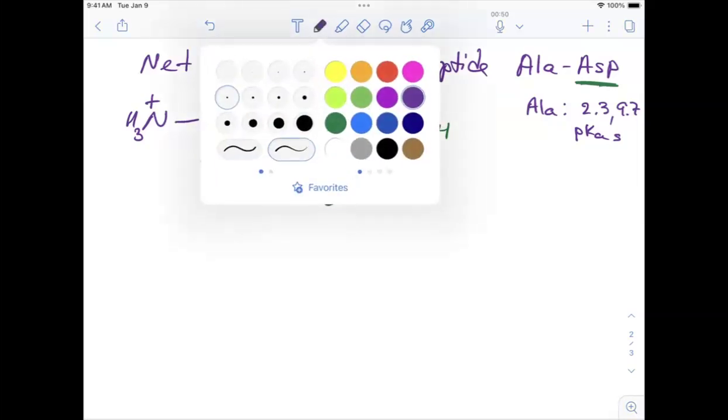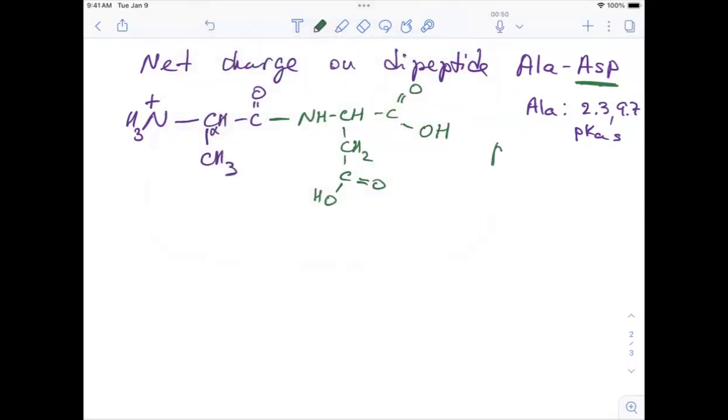Aspartic acid, let's stick with the color scheme. Aspartic acid by itself is going to have three pKa's, and you can look them up in the table: 2.0 for the carboxyl, 10.0 for the amino, and then 3.9 for the side chain. So these are all pKa's.